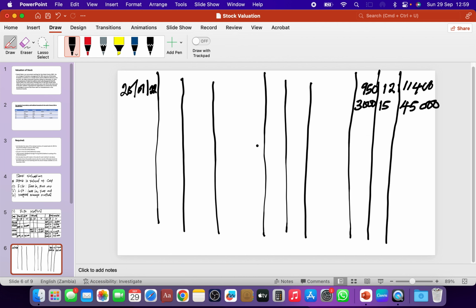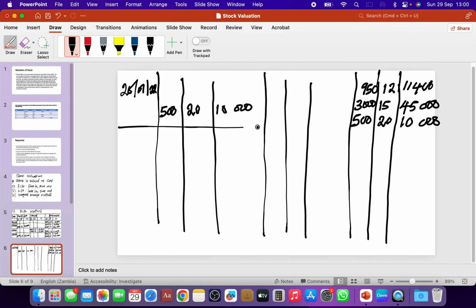We need to find the price. So if 500 units are worth 10,000, you say 10,000 divided by 500. It means the price of this stock from this bank is $20. You have 500 at 20. This gives 10,000.